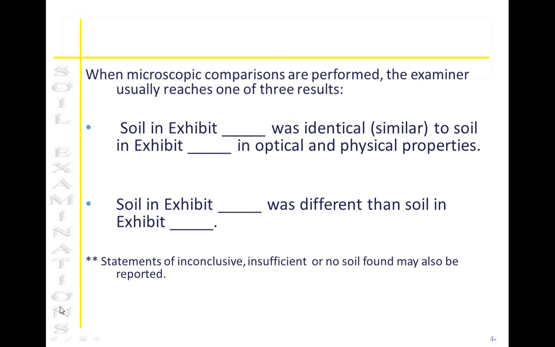Either that the soil from the exhibit is different from a known sample, or that the soil itself may be similar or identical to that sample in the various optical and physical properties which they examined.